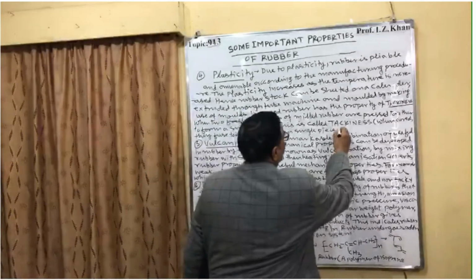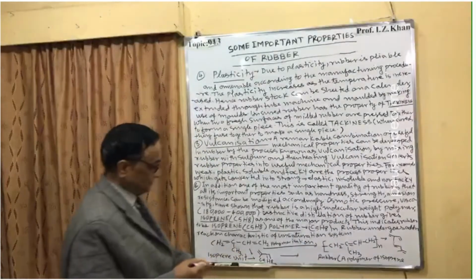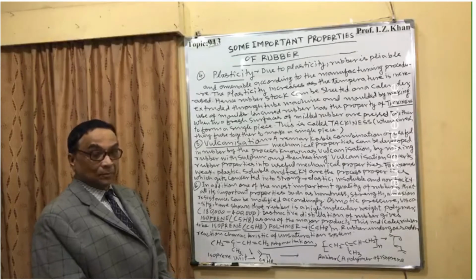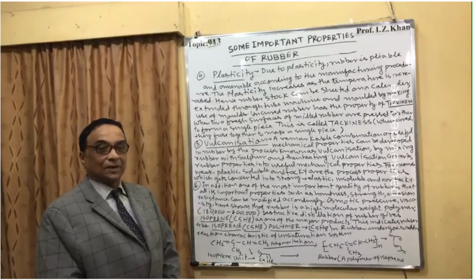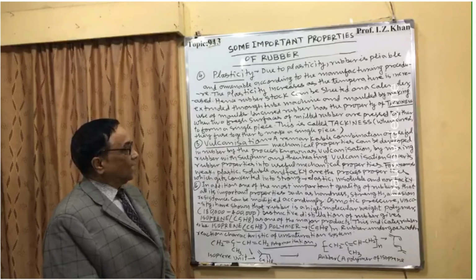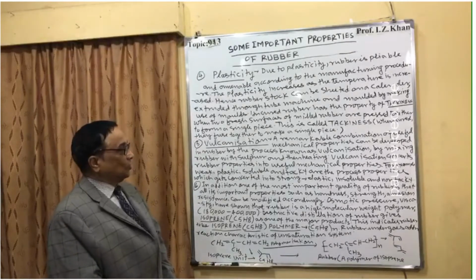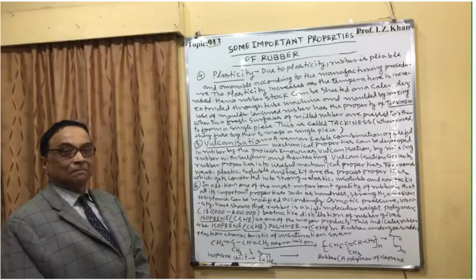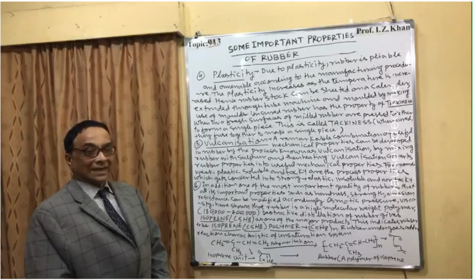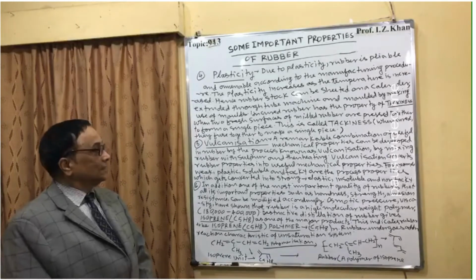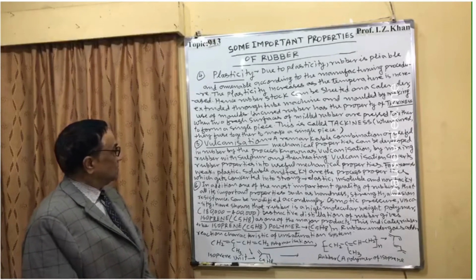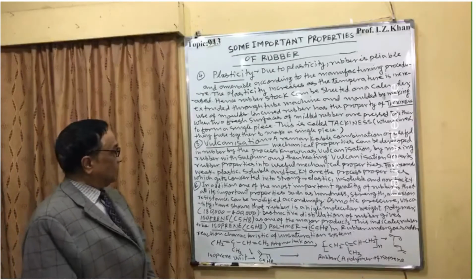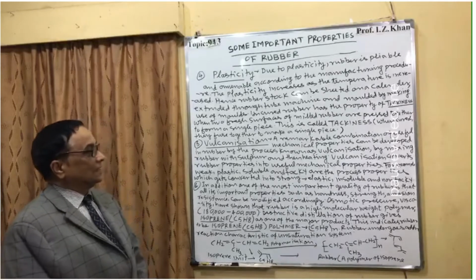Number 5 is the property of vulcanization. Rubber can be vulcanized by addition of sulfur and by heating. A remarkable combination of useful mechanical properties can be developed in rubber by the process known as vulcanization, by mixing rubber with sulfur and then heating.